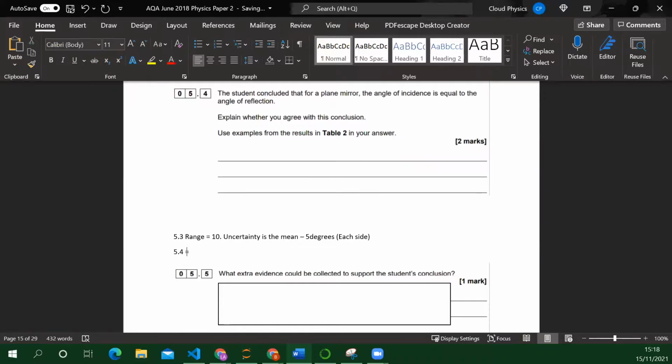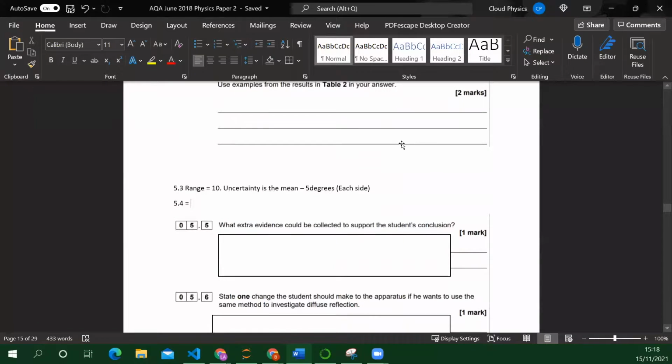Right, so good experimental accuracy of 5 degrees each side.